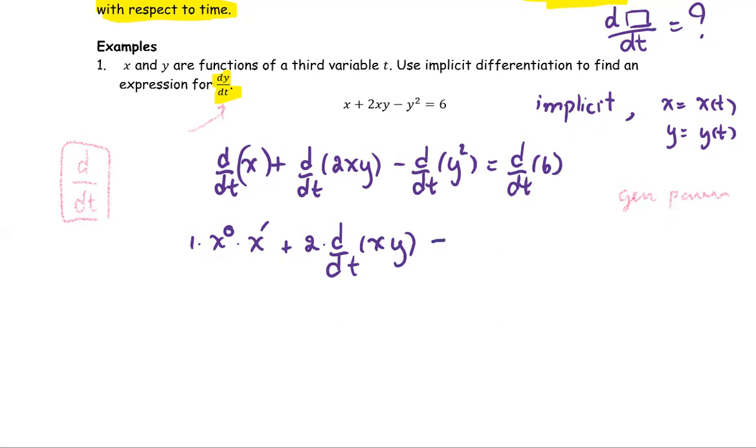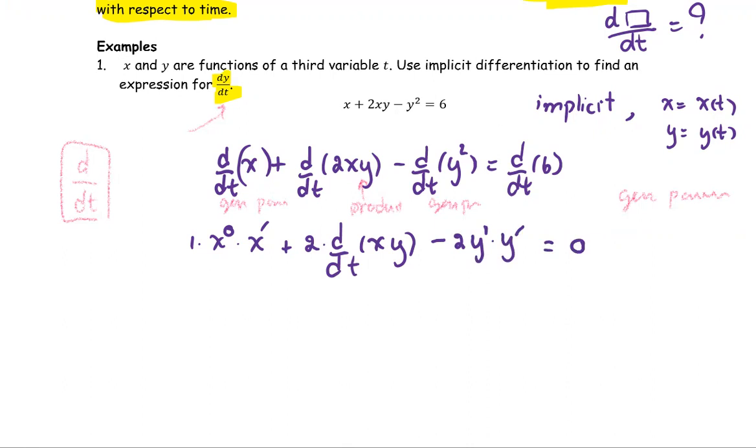And then minus, and this one again we use the general power rule. This one has a product; we'll come back to put more detail. And y to the second is going to be 2 times y to the first multiplied by y prime, equals 0, which is the derivative of the constant.